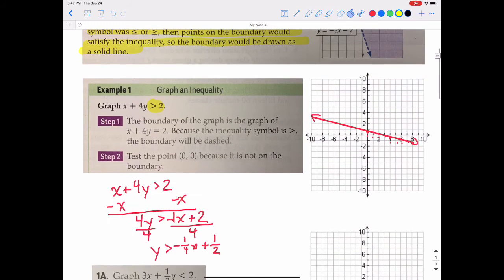We use a dashed line when it is a less than or greater than symbol without being equal to. If it's greater than or equal to, or less than or equal to, we're going to use a solid line. So this one was just greater than, so we're going to use a dashed line. So you can draw a dashed line on your graph.